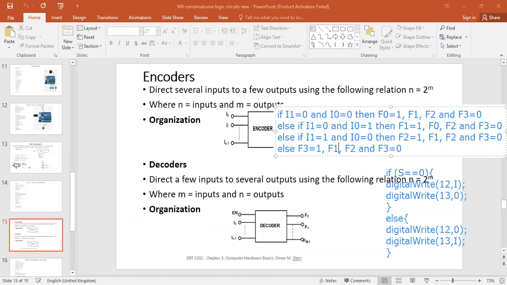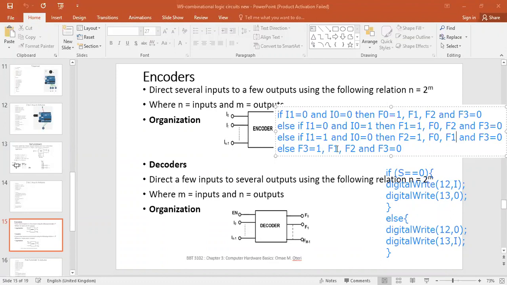You guys have mixed them. Anyway, this will be F1, F0, F2, F3 goes here. Then F2 comes here. Then here we are left with F1 and F0. So we put F0 here. And you also put F1 here. And F3 will also be 0. And lastly, we are going to have F3, 1.